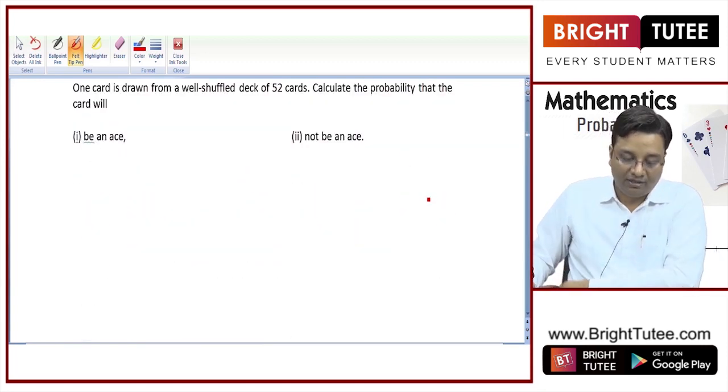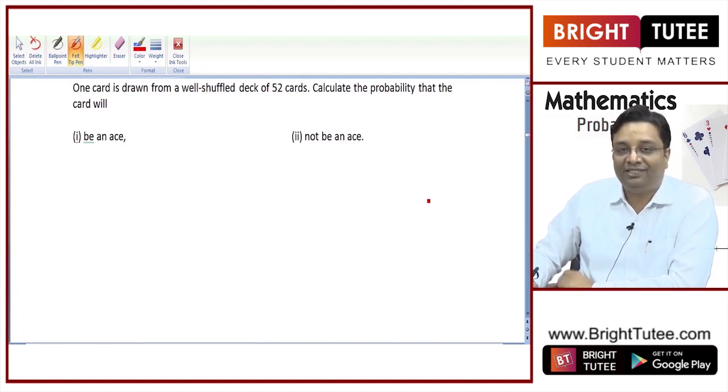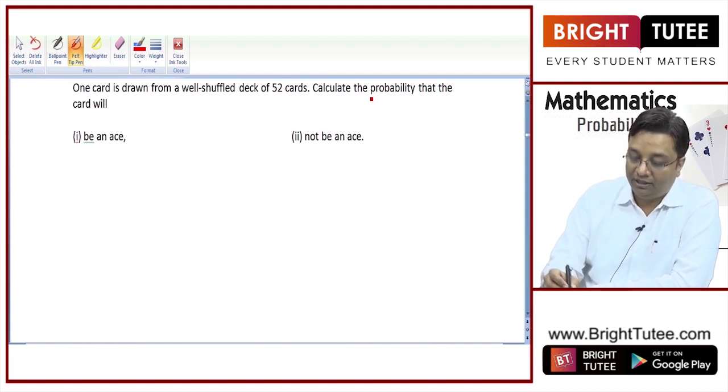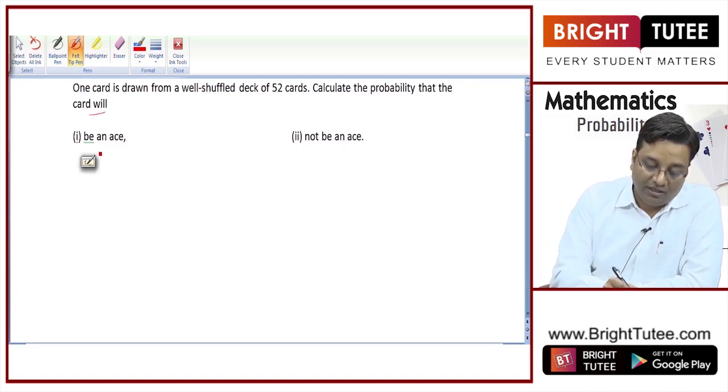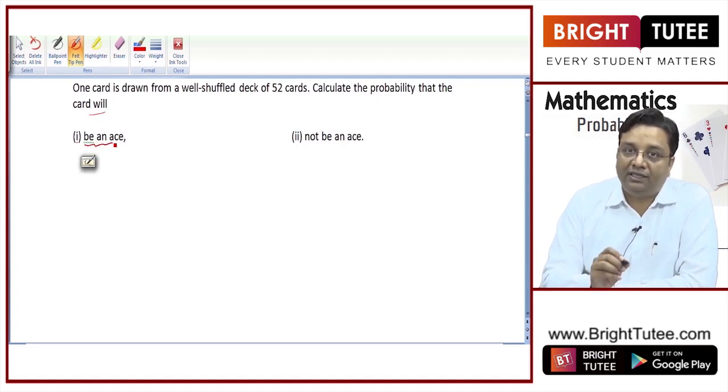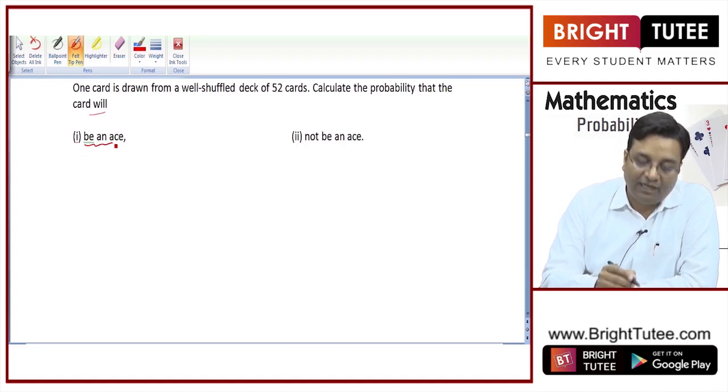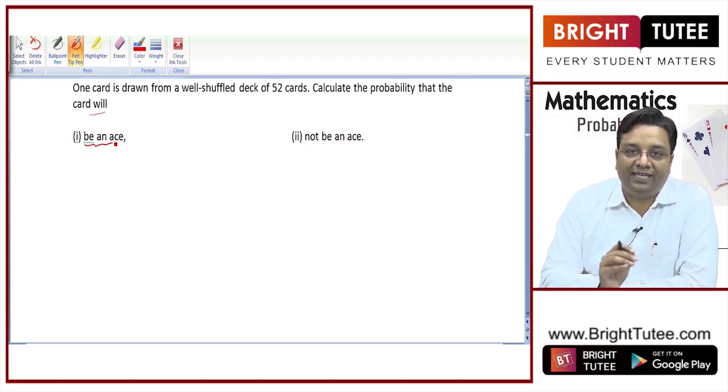There is a question on cards now. One card is drawn from a well shuffled deck of 52 cards. Calculate the probability that the card will be an ace. In the introduction, we studied about these cards, right. So, tell me, what is the total number of aces in a deck of cards?